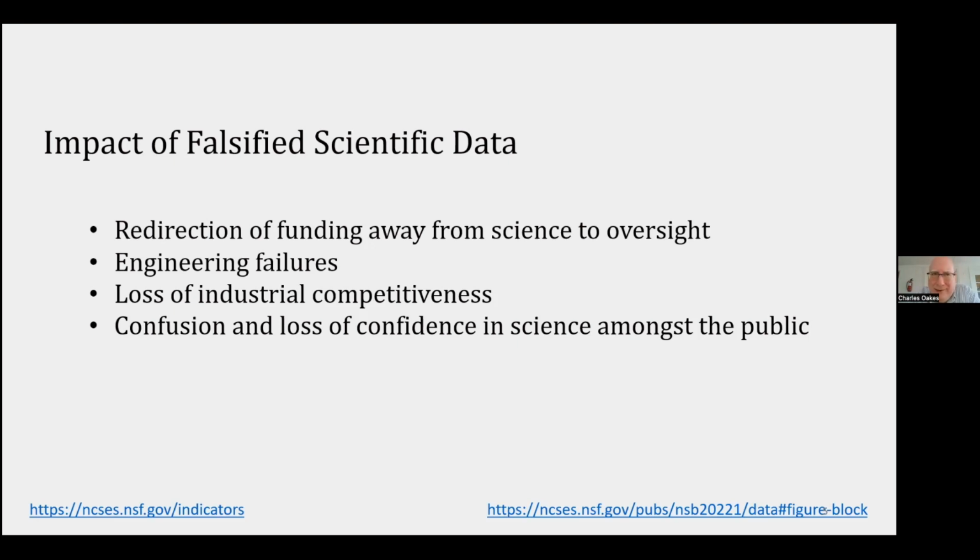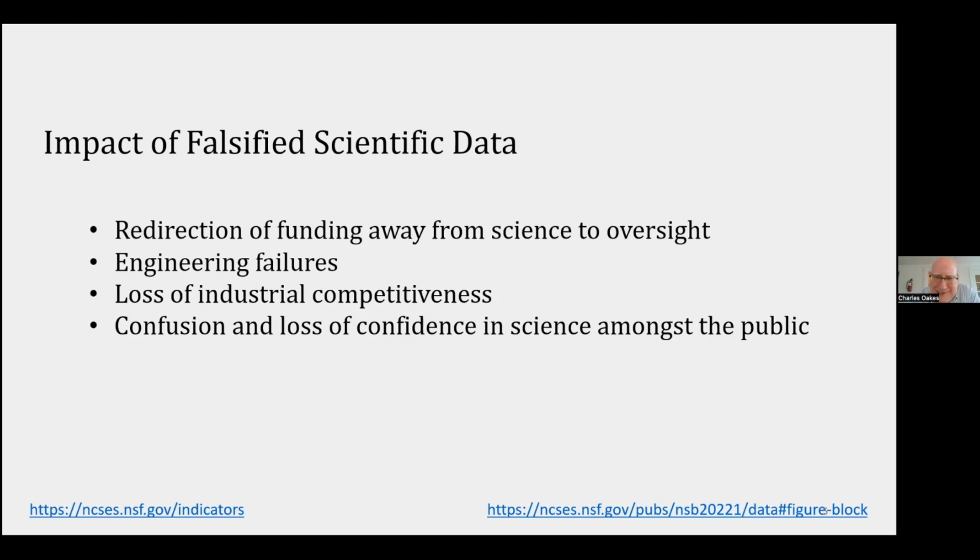So, in a submarine, if you happen to be a sailor and you're down at 800 feet deep in the ocean and the hull gives way because somebody fabricated the metallurgical data that built your submarine, you're going to be mighty unhappy. And if you lose some nuclear missiles at the bottom of the ocean, that makes governments unhappy.